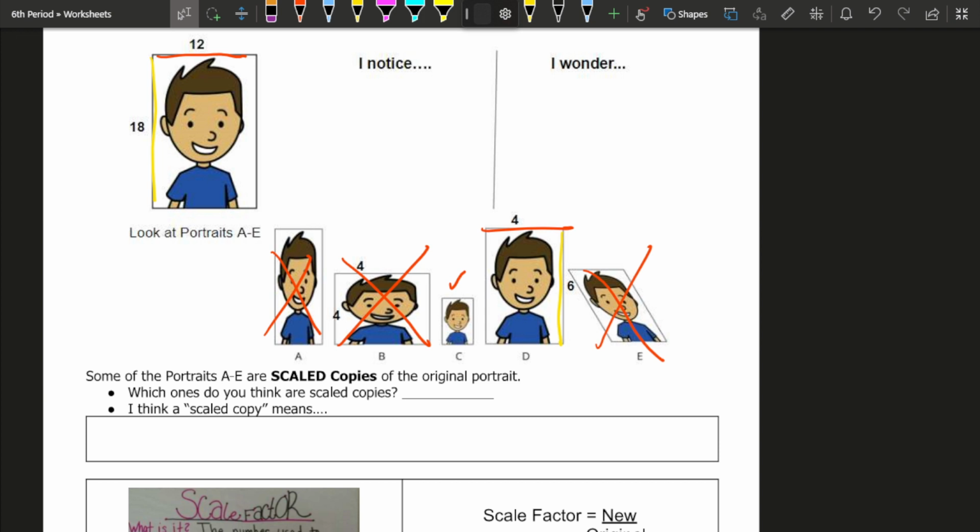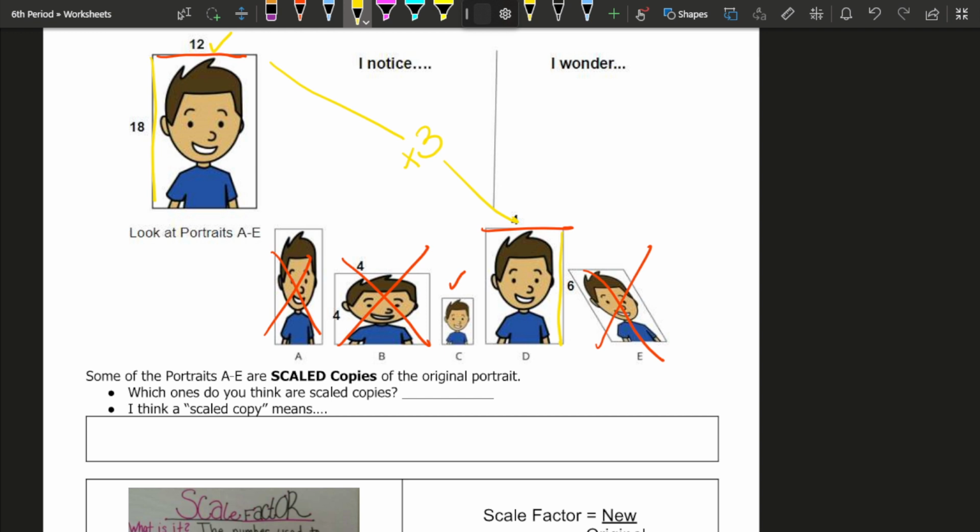Why can I multiply 4 by 3 to get 12, or divide 12 by 3 to get 4? So this changed by a factor of 3. If you multiply 4 times 3, you get 12. But if you multiply one of them by 3, you have to multiply the other one as well. Just like equations, what you do to one side, you do to the other.